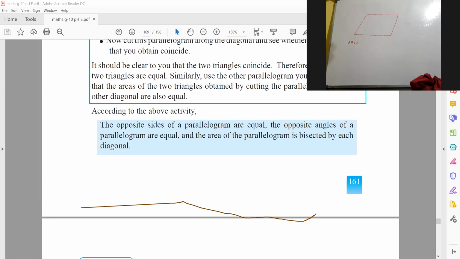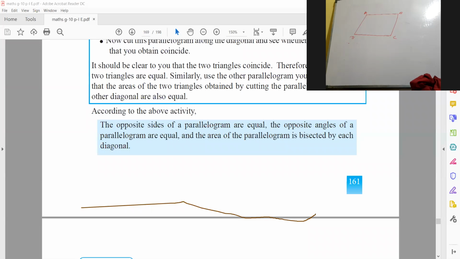If not, when you are doing the question, the answer will be wrong. For example, if you start from here, this is A, then this is B, this becomes C, and this becomes D. And if we start A from here, you can mark it like this: A, B, C, D. Both ways are correct, right? That's the way of naming a parallelogram. Now let's see the properties.